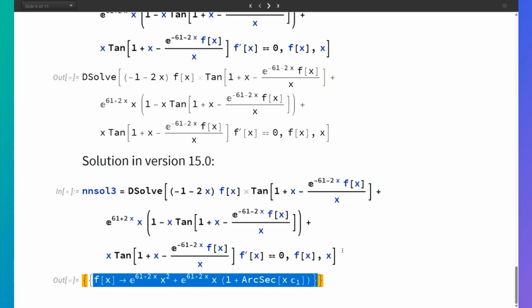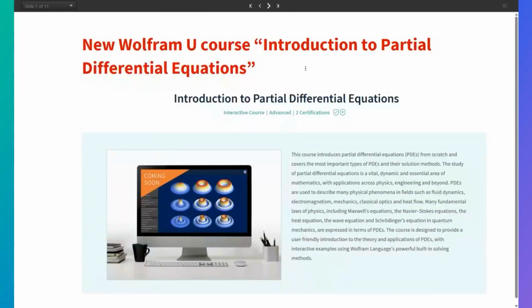And before I finish my part of the talk, I just want to make one small announcement. After this conference, very soon, a new Wolfram U course, Introduction to Partial Differential Equations, will go live. During this course, you can learn some basic information about partial differential equations.